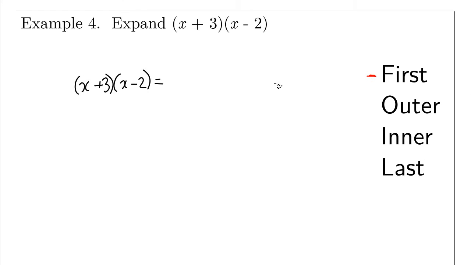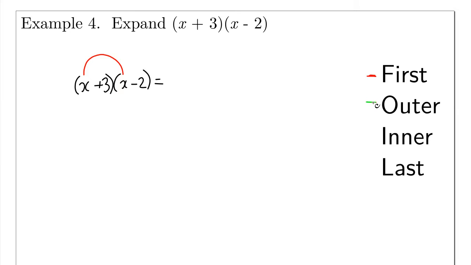What we do is we're going to highlight the first 2 terms together or join them up. So the first terms in each bracket is x and x. x is the first term in the left bracket, x is the first term in the second bracket. So these are the 2 first terms that we'll multiply together.